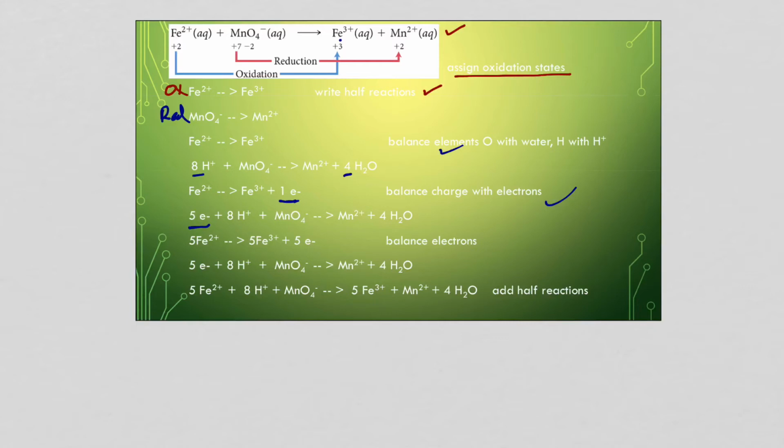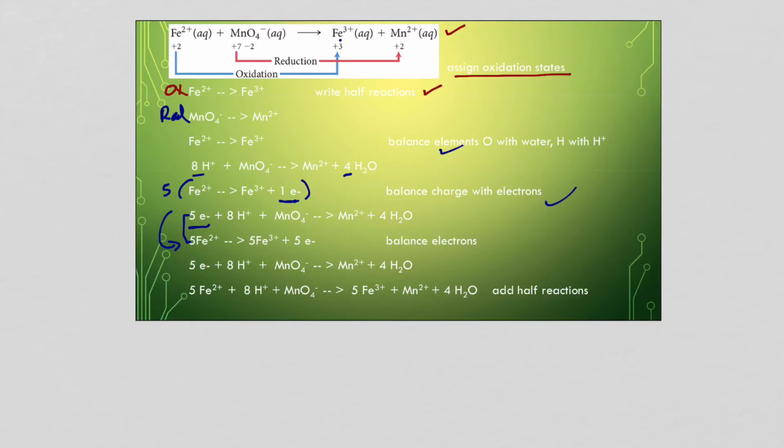So we simply multiply this equation by 5, and we end up here with 5 iron 2 plus going to 5 iron 3 plus 5 electrons. Now, if we look at these two, we have a 5 electron loss balanced by a 5 electron gain here.